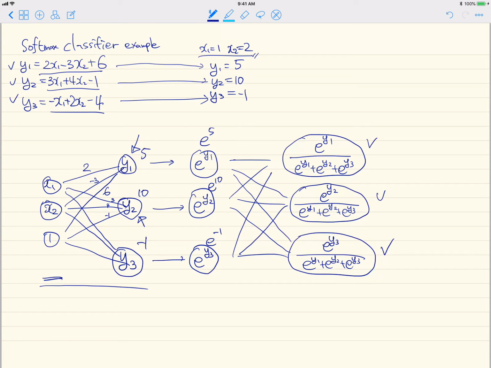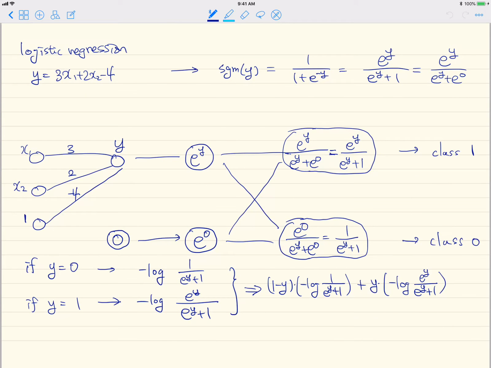Now I'm going to give you the analogy from this softmax classifier to the logistic regression, where we have two classes. Okay, so in the case of logistic regression, we consider two classes, the positive class and the negative class.